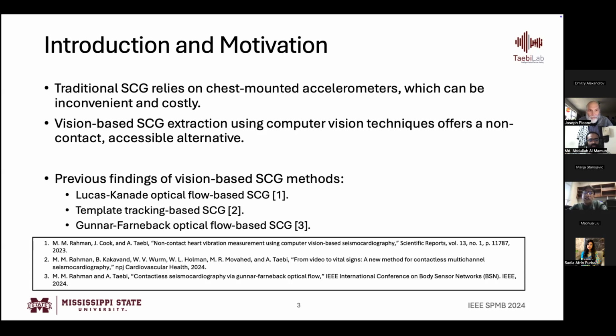These methods were successfully published in journals such as Scientific Reports and also accepted in npj Cardiovascular Health, and we presented at the IEEE Body Sensor Network conferences, validating our potential for non-contact SCG extraction.